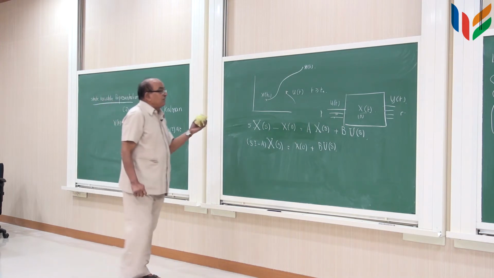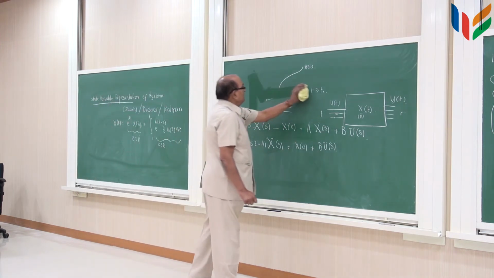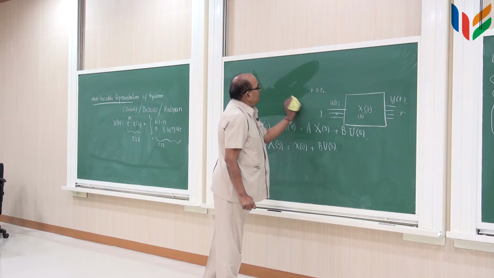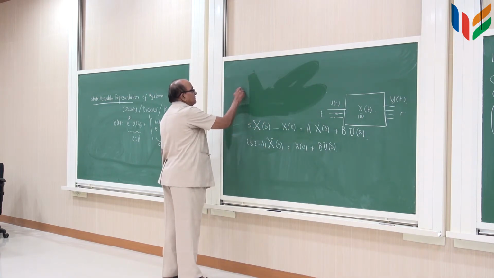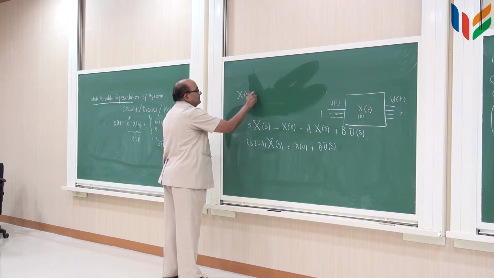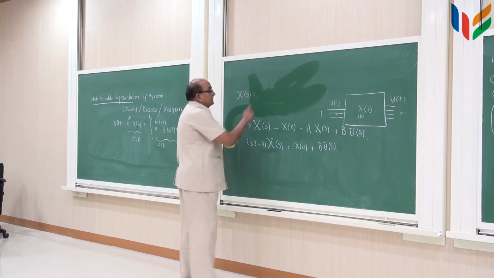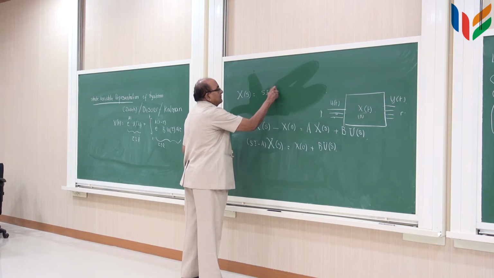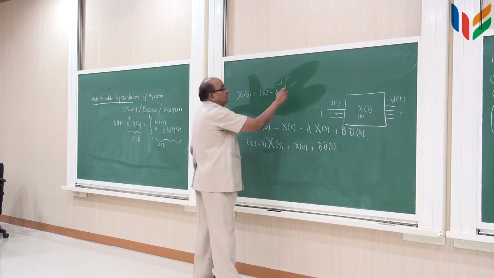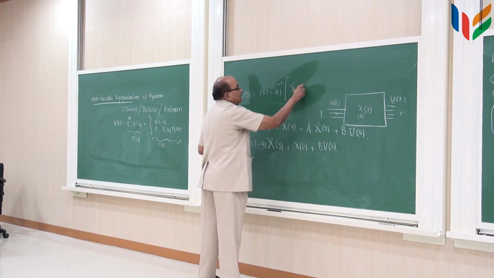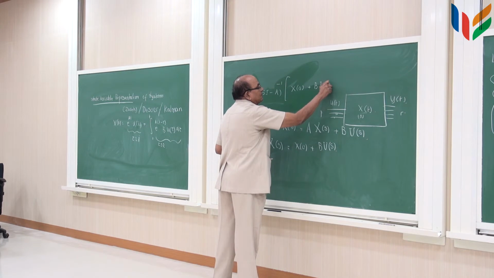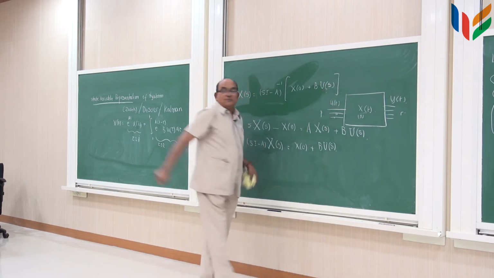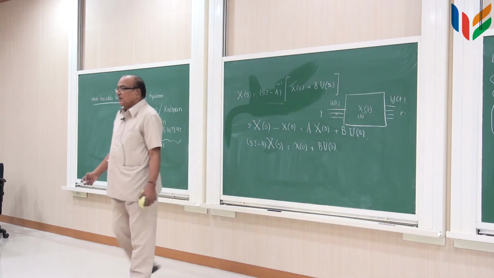And hence x of s is equal to S I minus a inverse into x 0 plus b u of s. Right?